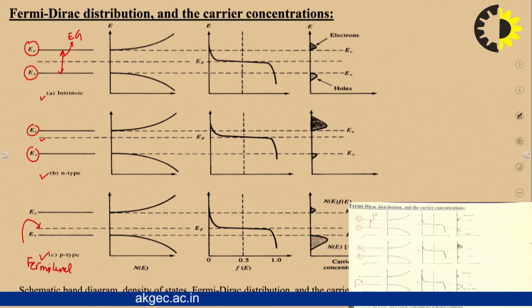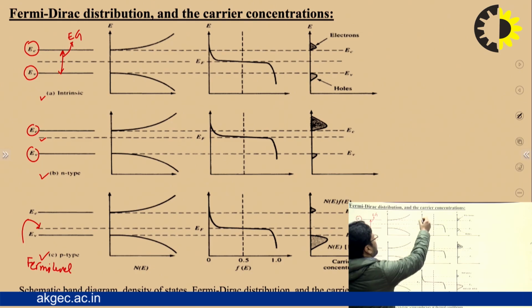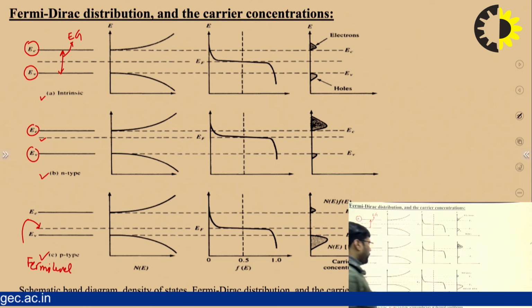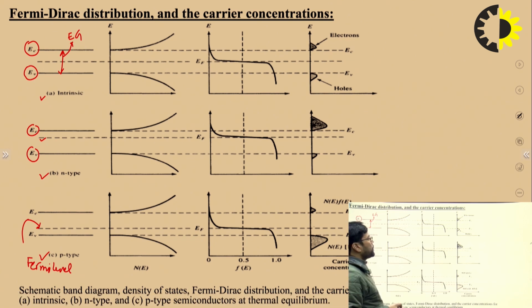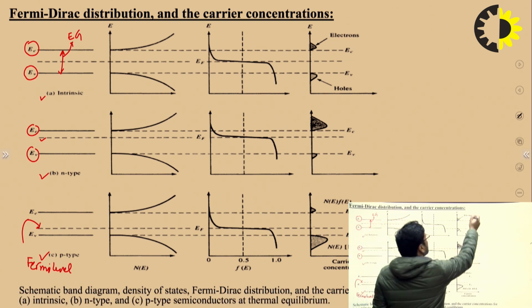If you look at the Fermi-Dirac distribution of different kinds of semiconductor, this is a concentration level diagram.